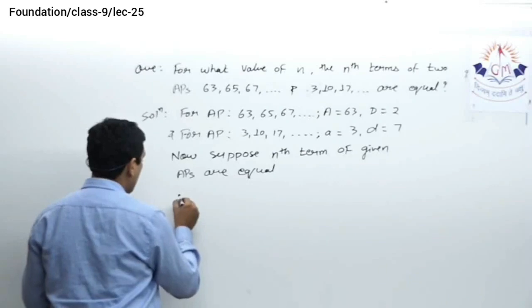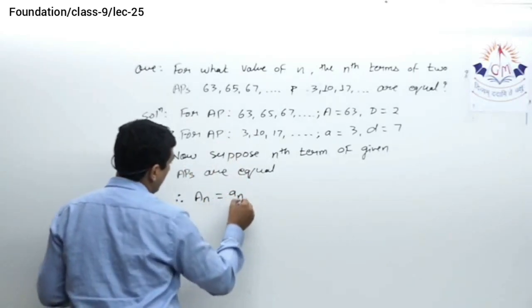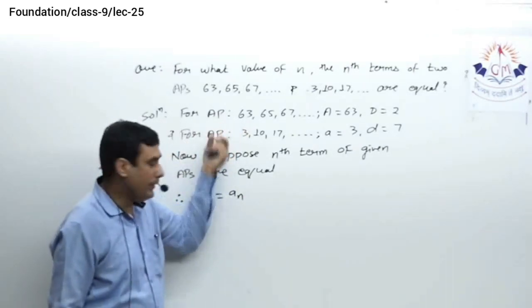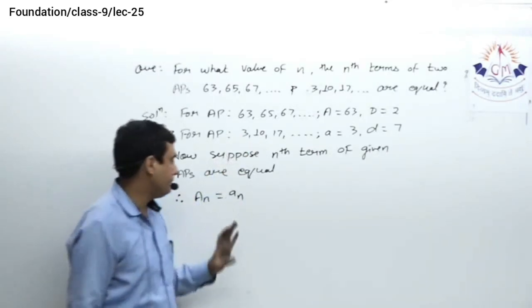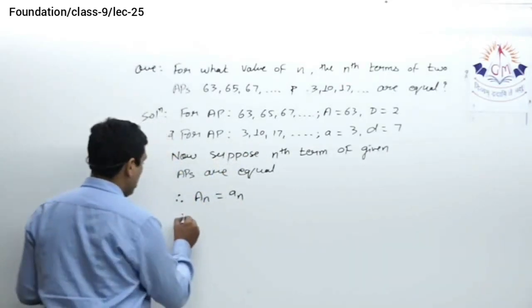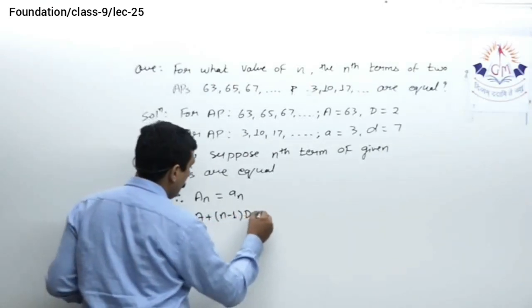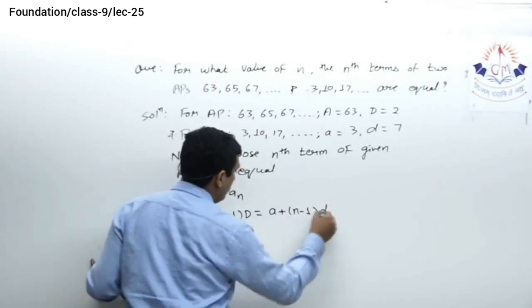Therefore, I can say capital A n is equal to small a n. That means I'm assuming the nth term of this AP is capital A n and the nth term of this second AP is small a n. Now this is A plus n minus 1 into D, and this is equal to a plus n minus 1 into d.